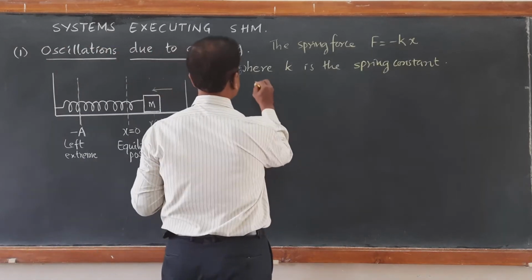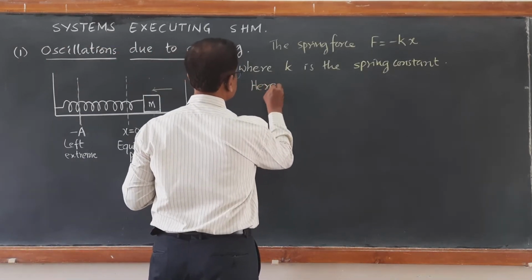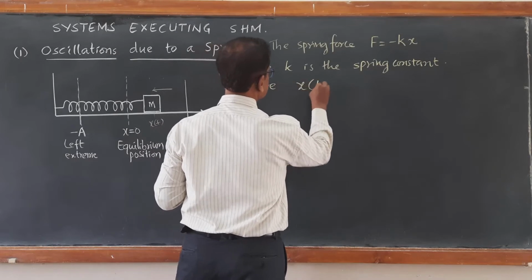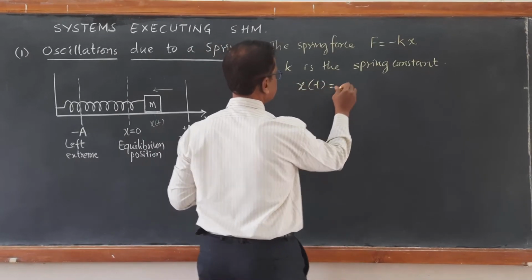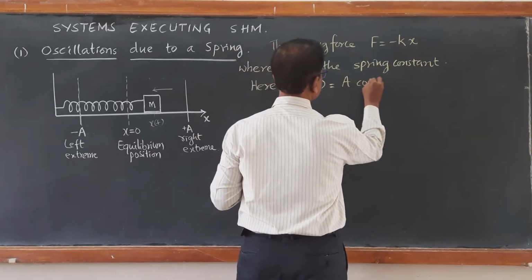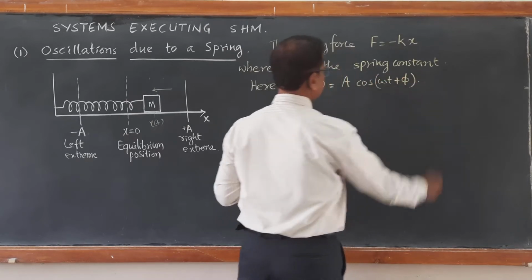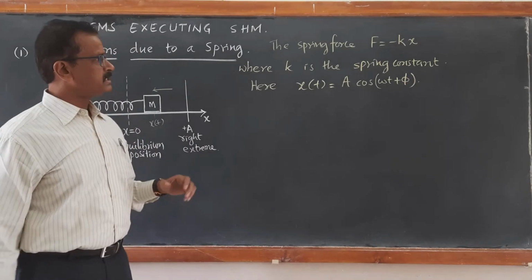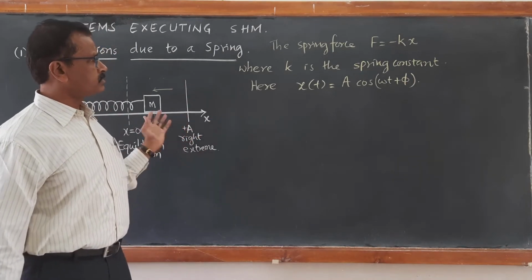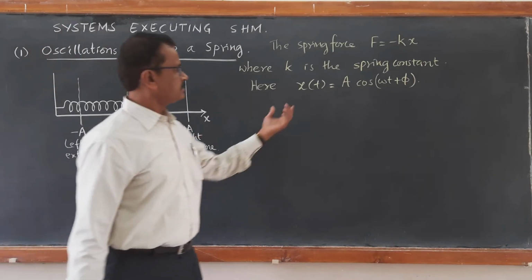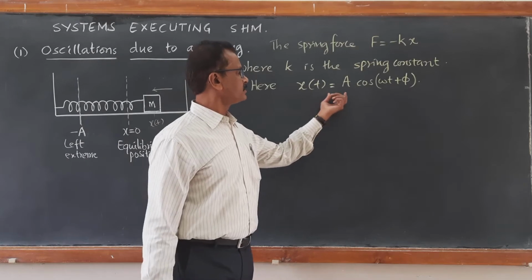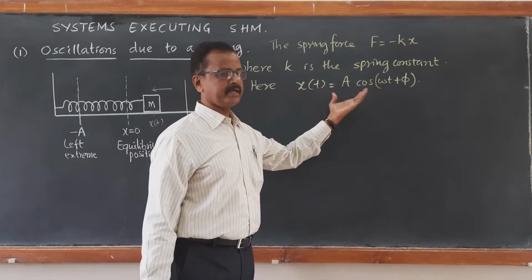So here x is time dependent, which is given by A cos(omega t plus phi). The displacement of the oscillating spring is given by the time dependent function A cos(omega t plus phi).